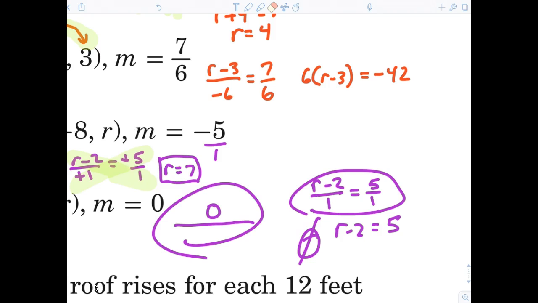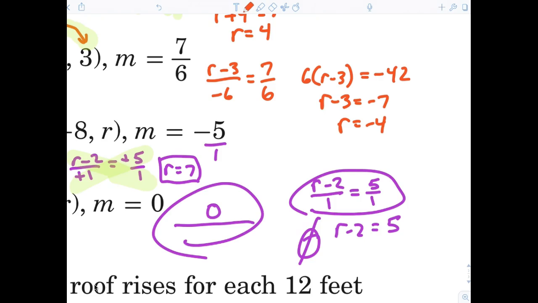And so we would end up with r minus 3 is equal to negative 7, and you add 3, so r is equal to negative 4. Everybody good with that, guys? I agree with you. I don't think that's that hard.